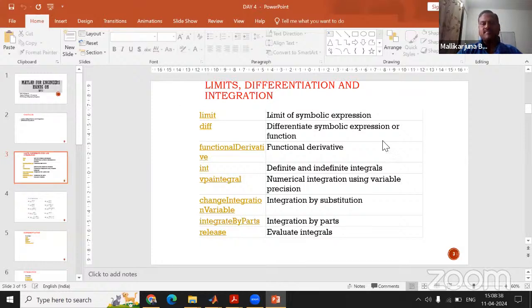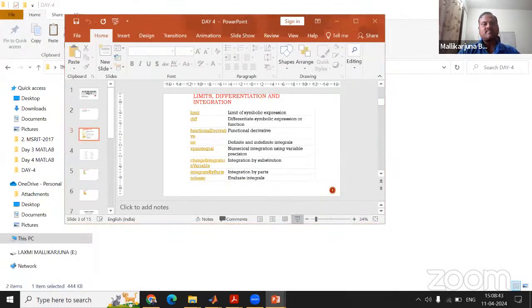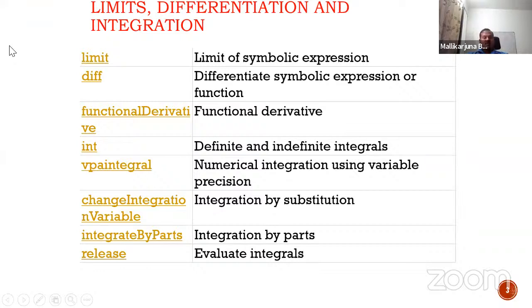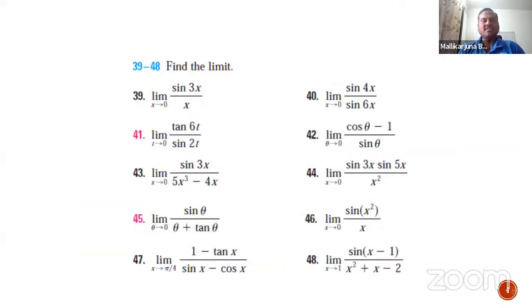I'm not going for every concept. I'm going to discuss limits, differentiation, integration, and differential equations. But other things are also there. You can just practice based on these one after another. What information I'm giving, you just extend it.